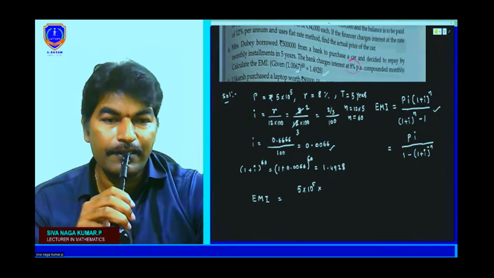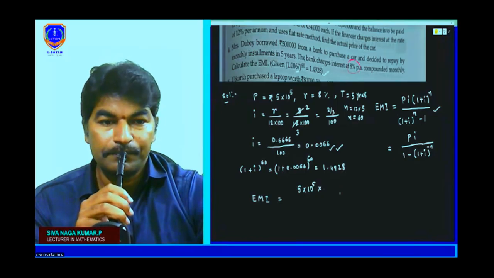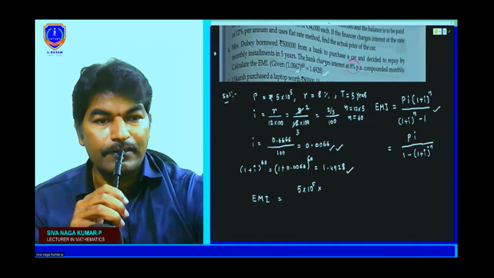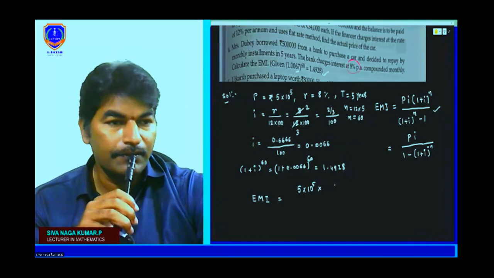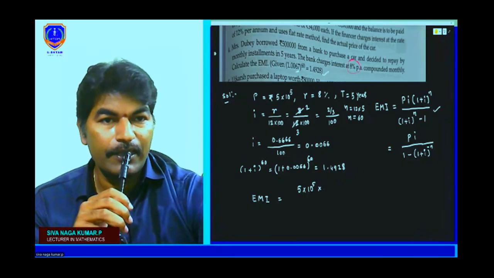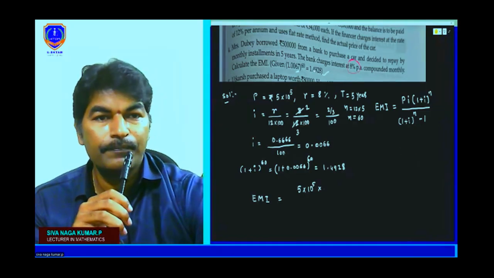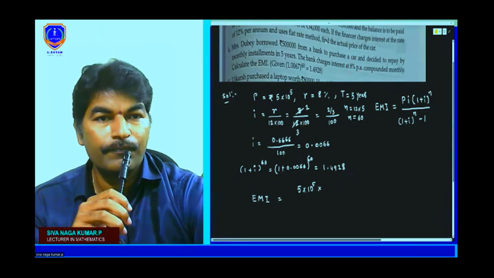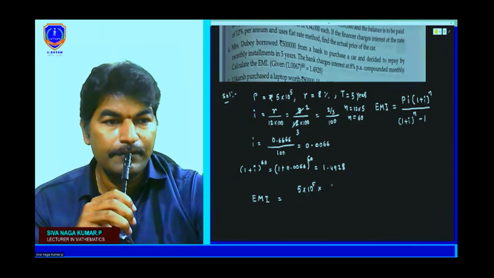So look at this i. This is very important. Look at this value you have to write, not this value, in the entire calculation. So what is i? In this formula I am using, i is r by 12 by 100, which is 8 by 3 by 100?